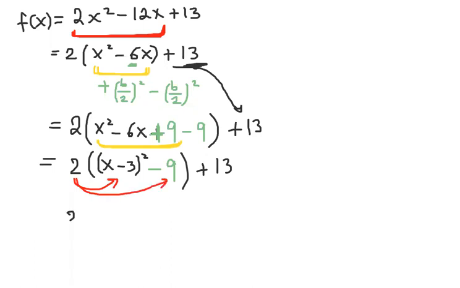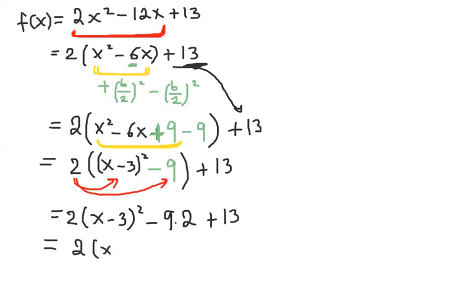So I get 2 times (x minus 3) squared, minus 2 times 9, plus 13. Now the answer is 2(x minus 3) squared, minus 18 plus 13 is minus 5. So this is the standard form. Any question?